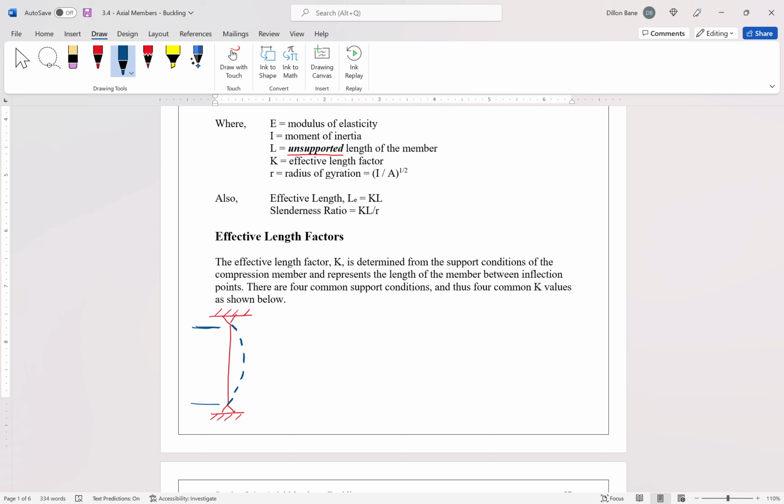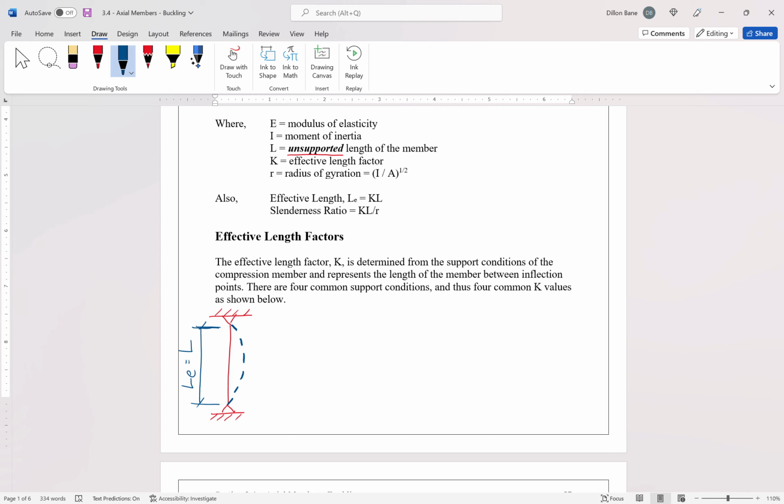Okay, the inflection point is, for the picture that I've drawn, whether the buckled shape is concave left or concave right, right? So when the direction of the bending, the direction of the bowing changes, that's an inflection point. So obviously on our pin condition, we don't have an inflection point. So what we say here is that our effective length, LE, is just equal to the length of the column, right?